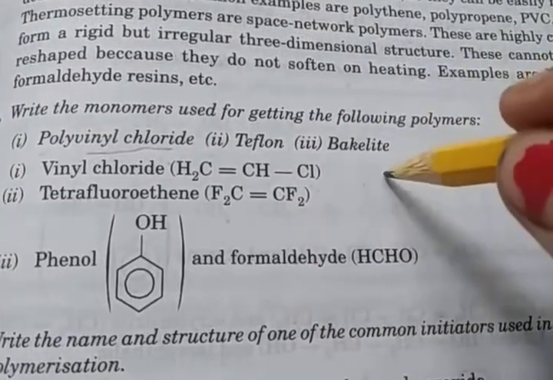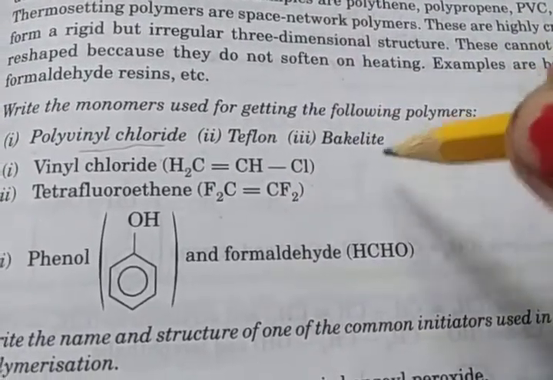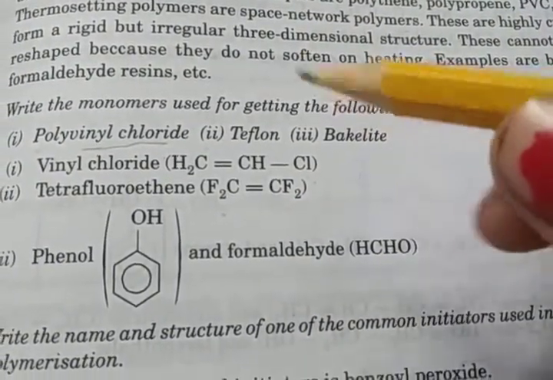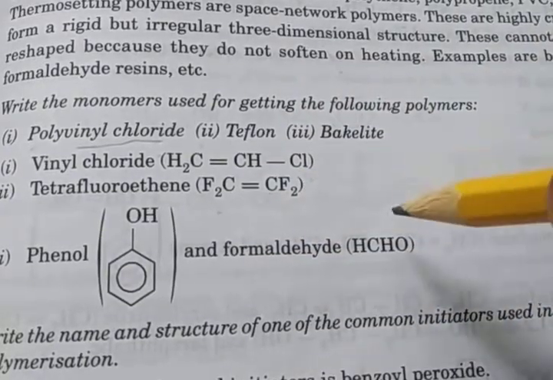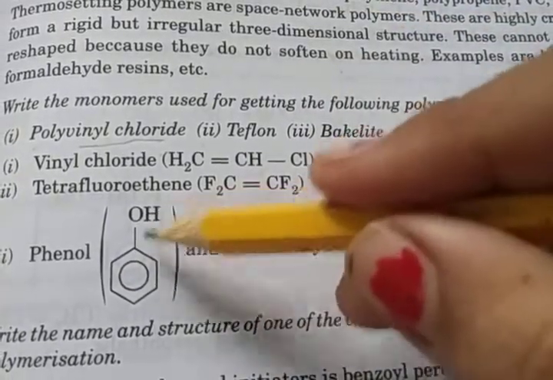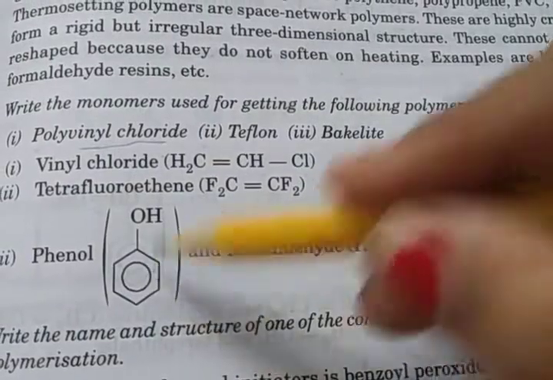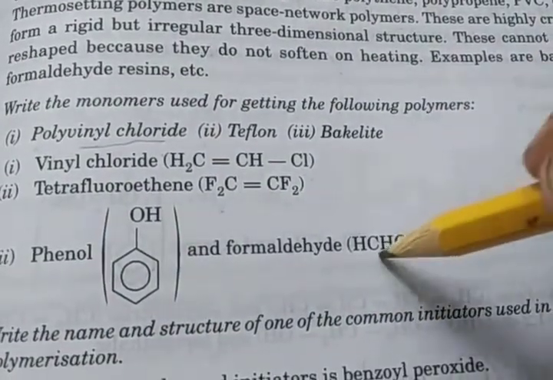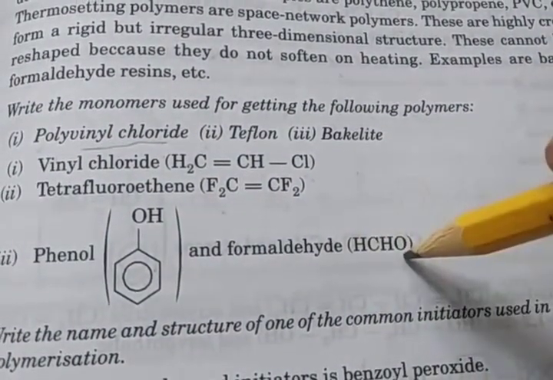Then third one is bakelite. You already know about bakelite, because the monomer units of bakelite are phenol and formaldehyde. Phenol is OH attached to a benzene ring. Formaldehyde is HCHO.